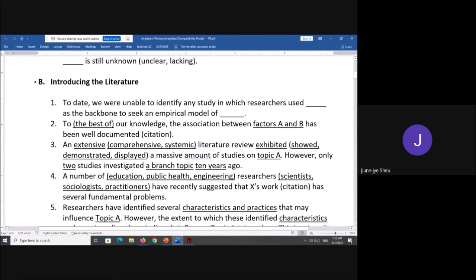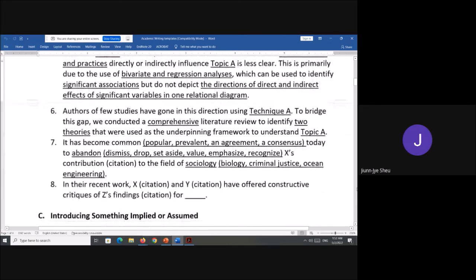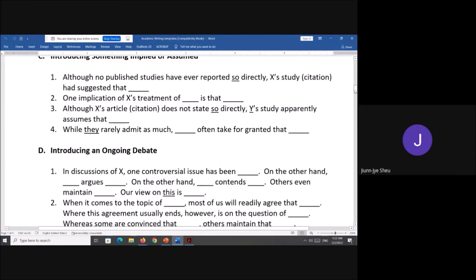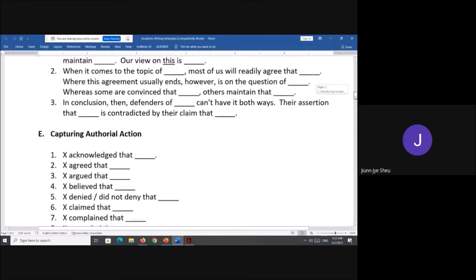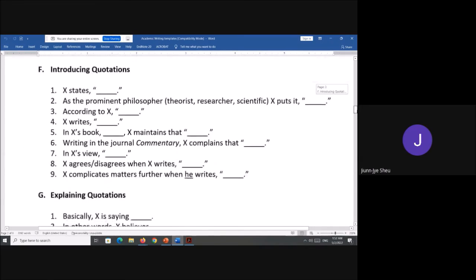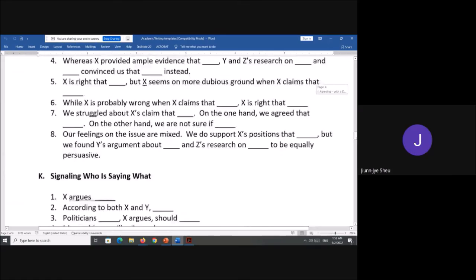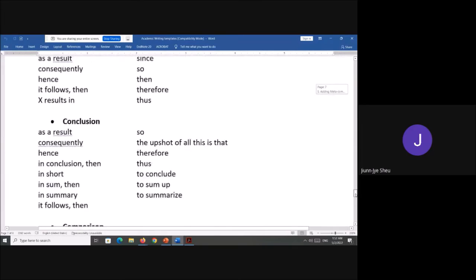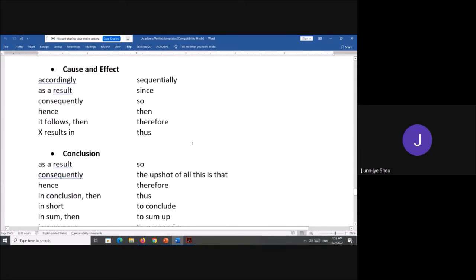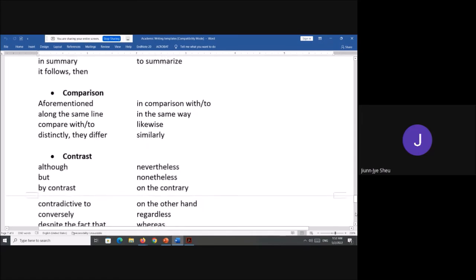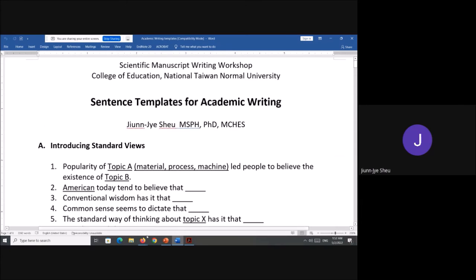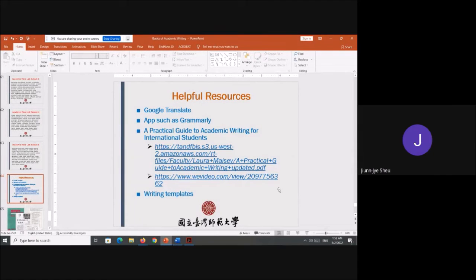When you introduce an academic view or literature review for different functions, I got some templates that you may be able to use to fill in, to practice in your academic writing. And at the end, I also have some of the recommended words that are better to use for academic writing. So these are the words and templates to help the beginner start with academic writing.